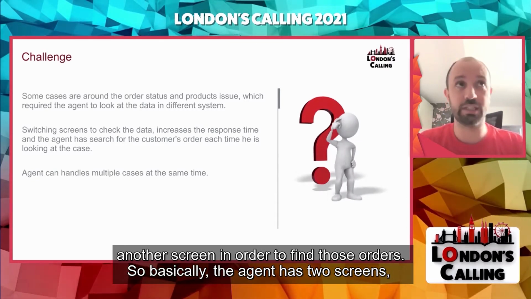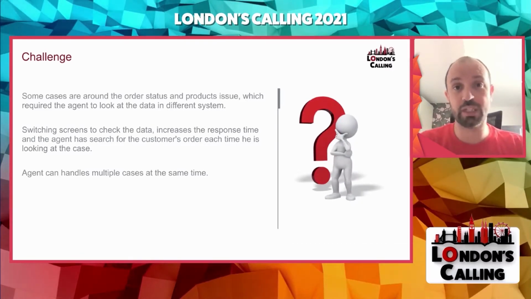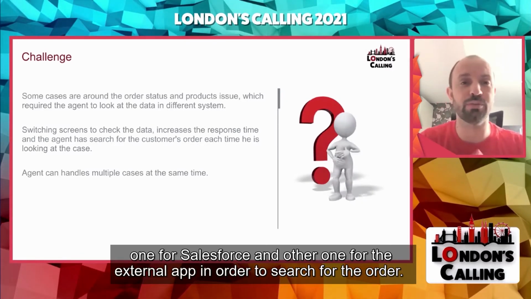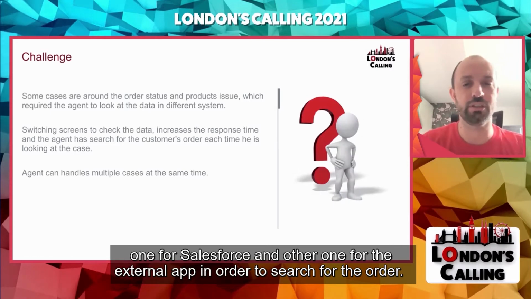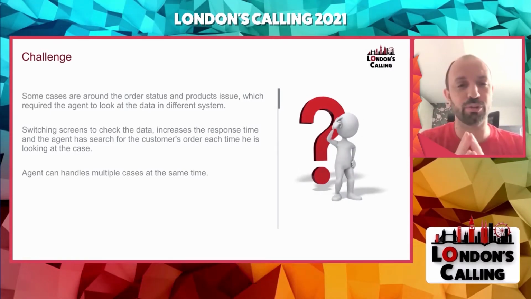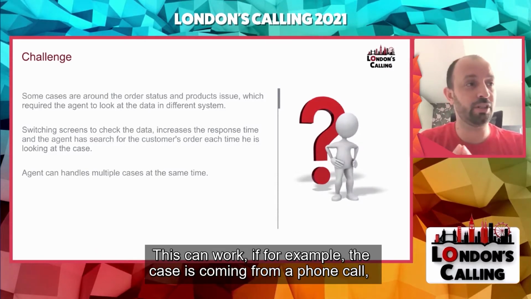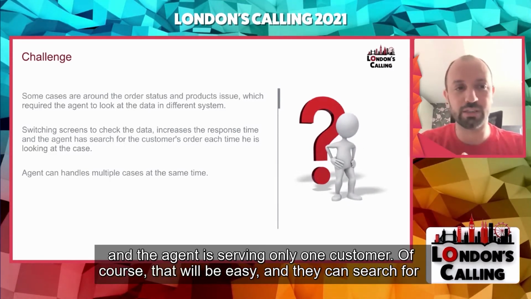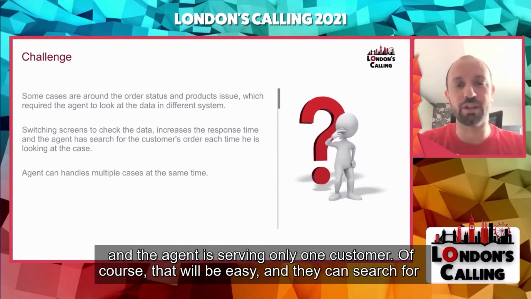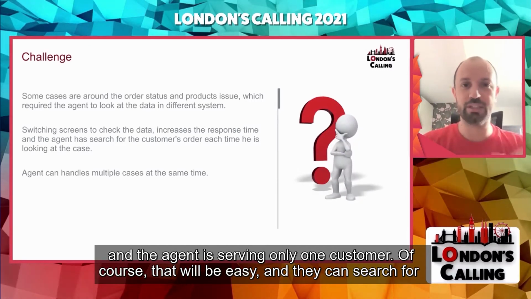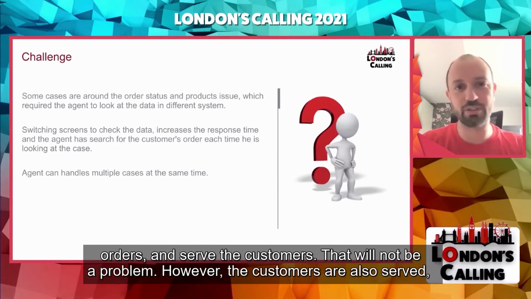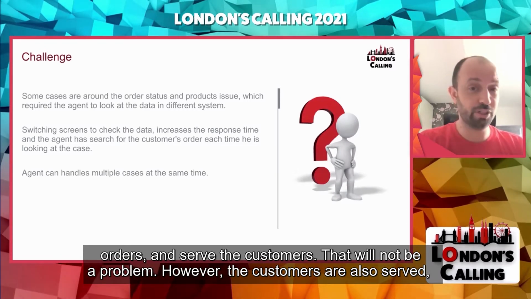So basically, the agent has two screens, one for Salesforce and another one for the external app in order to search for the order. This can work if, for example, the case is coming from a phone call and the agent is serving only one customer. And of course, that will be easy. They can search for orders and serve the customers. That will not be a problem.